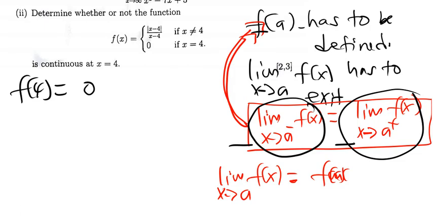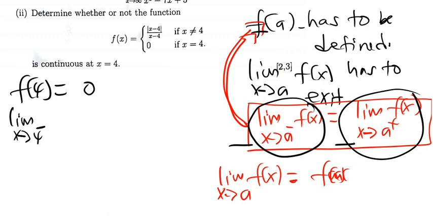I'll go to the next point. Limit as x is approaching 4 from the left side. The point here, take note, is this. That's why I'm telling you that this question was a bit tricky. They are saying if x is not equal to 4, meaning I can't plug in 4, but first, which equation am I going to use?